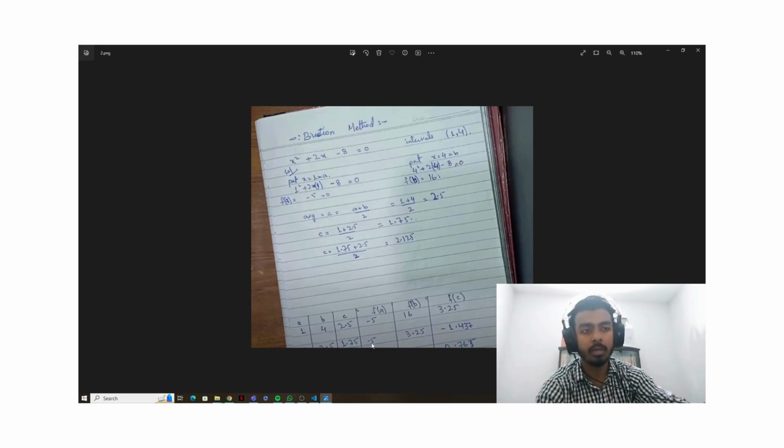The 1 remains the same, and minus 5 remains the same, and then it goes on. Look here, we have minus 1.437 in the function of c, so we change from here, and then we put our values in.